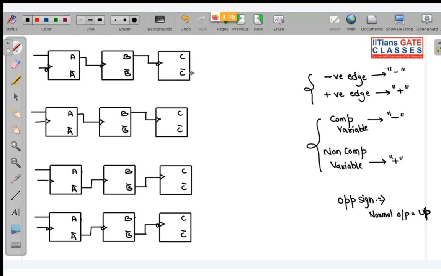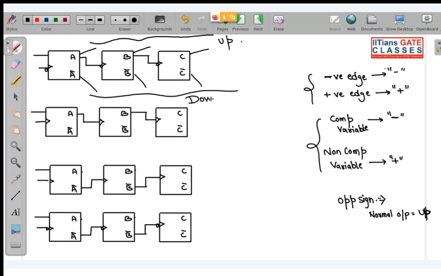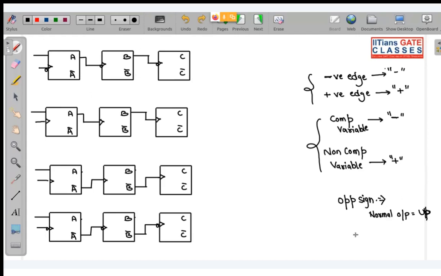We have seen if one of the output, like in the previous cases, if this was acting as your up counter, then these were acting as your down counter. So here I have just generalized this on the basis of normal output only. Then it will be easier to remember. And if we have same sign of edge as well as variables, then your normal output will act as your down counter.